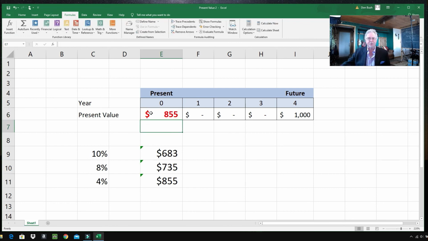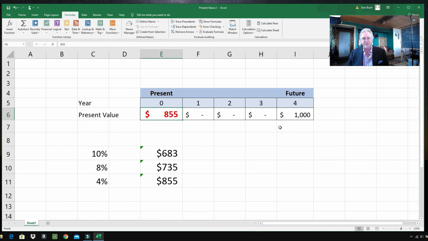So here's what's going on here, ladies and gentlemen. If you had $855 in the bank today and you were earning a 4% rate of return, which I don't think many banks do that, but if you were earning a 4% rate of return, this $855 would grow and grow and grow, and at the end of 4 years it would be worth $1,000.